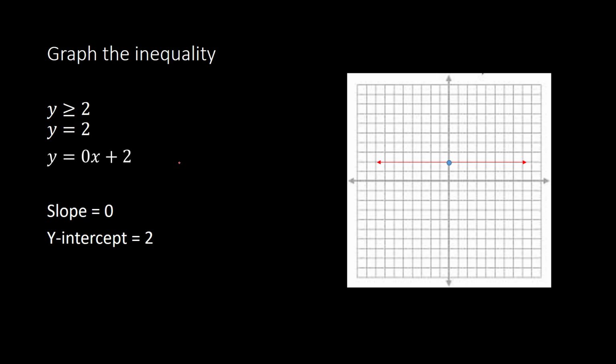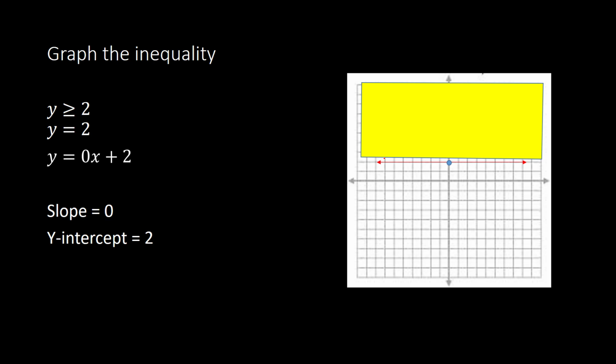And then where do we shade? So because it has the equal component, it's a greater than or equal to sign, it's going to be a solid line. And then the shading would be above because it is greater than. Y is bigger, up higher on the graph. So we're going to shade in above that line.